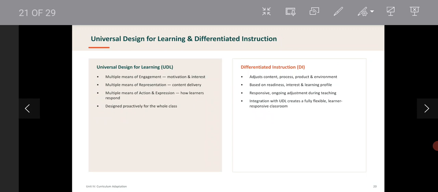So, DI does not include, there is a column given. DI includes providing alternative instruction and assessment activity. Doing something different for every student in class is not there.